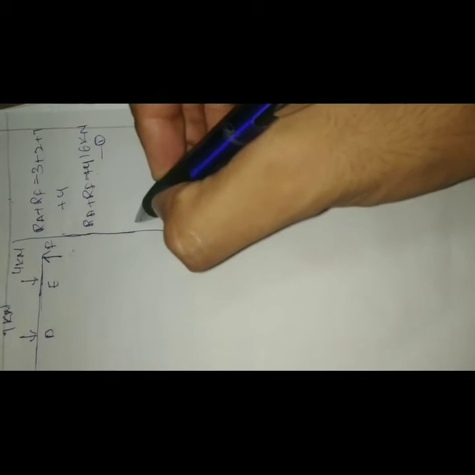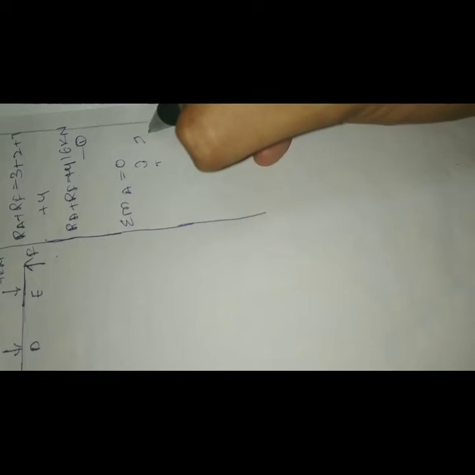Now we have to find the moment of the beam in clockwise and anti-clockwise direction. Clockwise means positive, anti-clockwise means negative.